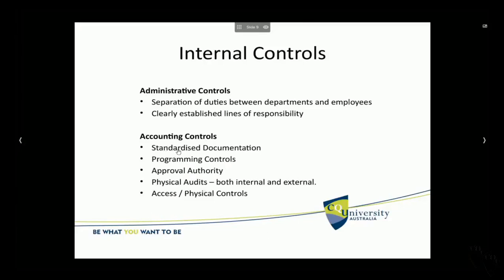So we like to have what we call standardised documentation. A lot of firms that I used to go in to do audits for would have an actual little form for everything that they had to do. So when you wanted to go out and buy something for your job, you would have to have something similar to a purchase order or an order requisition. And it was the same form all the time.